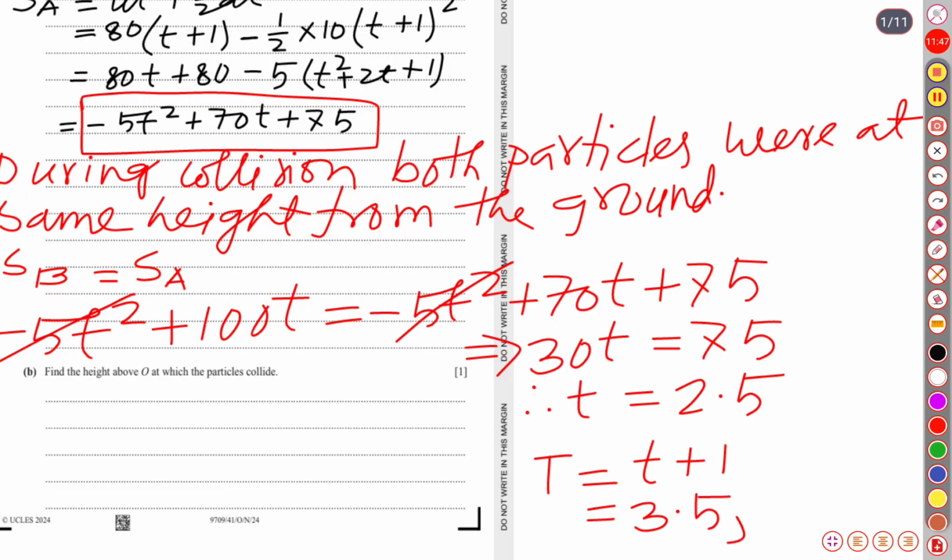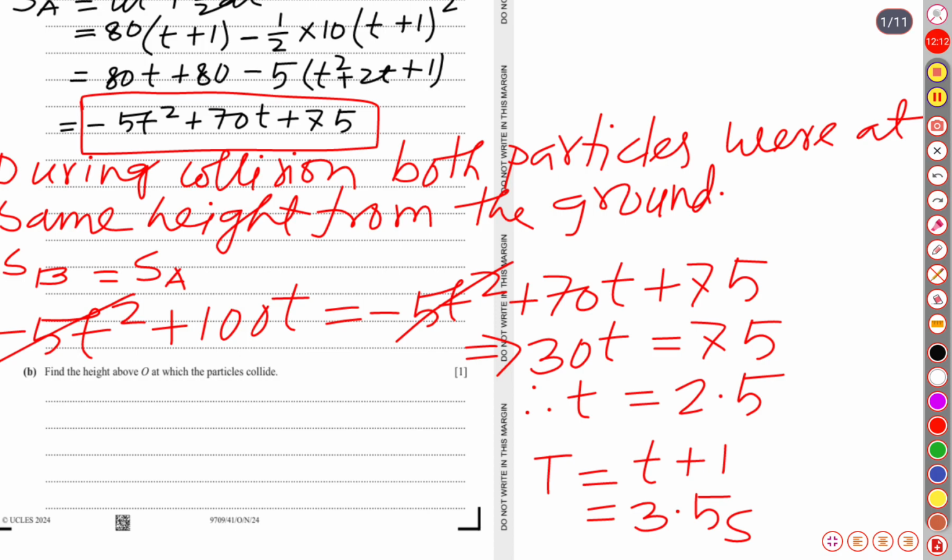Shown. That means lowercase t was the time taken by particle B. But we are trying to find the time taken by particle A, and particle A took actually 1 second more than the time taken by particle B. If particle B takes 2.5 seconds, particle A took 3.5 seconds.